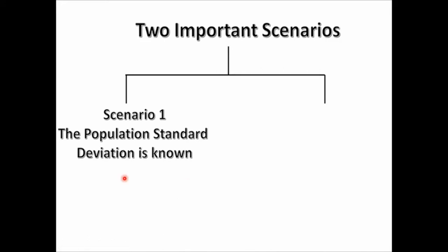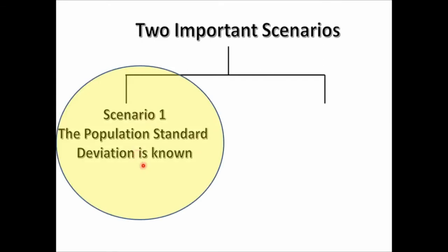So the key was a knowledge of the standard deviation of the population. And in that case, we used the normal distribution and the standard normal distribution to make our estimation analysis.